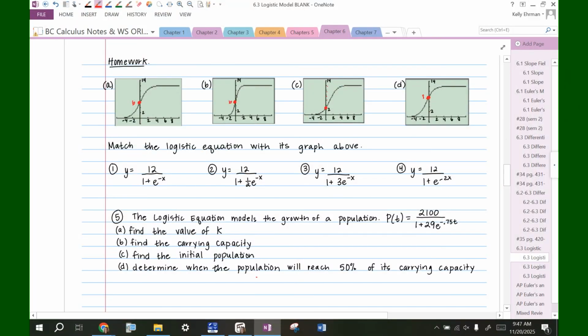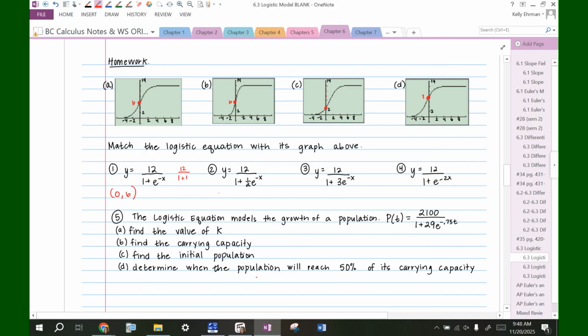So I'm going to see if these are close to what I get when I plug in 0 here. So y-intercepts are usually easy to find because you plug in 0 for x. So if x is 0, I get 12 over 1 plus e to the 0. 12 over 2 is 6. Okay, so this is one of these.